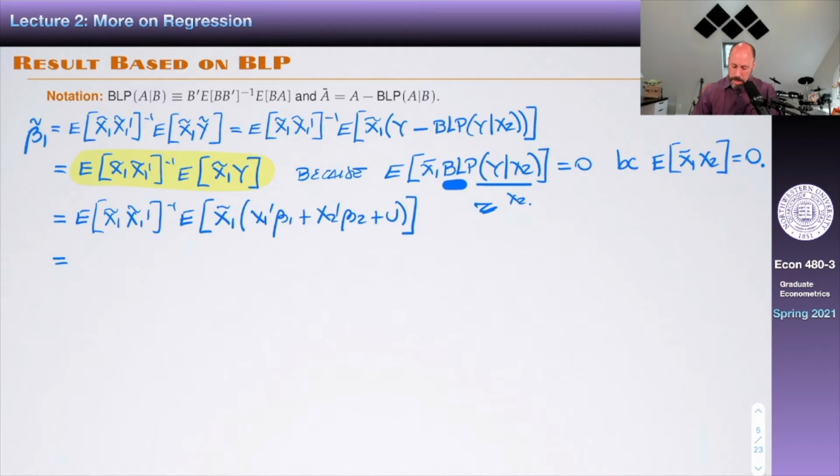And then this is going to be expected value of x1 tilde prime inverse. And then we split the terms.